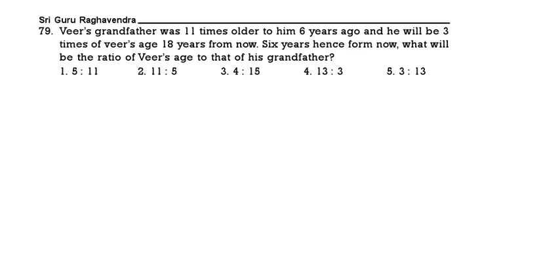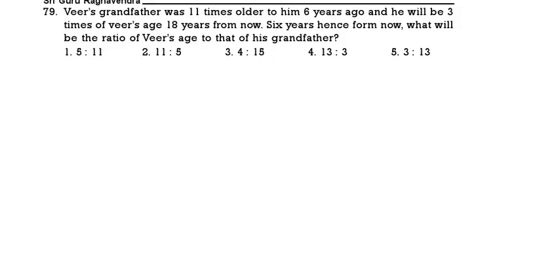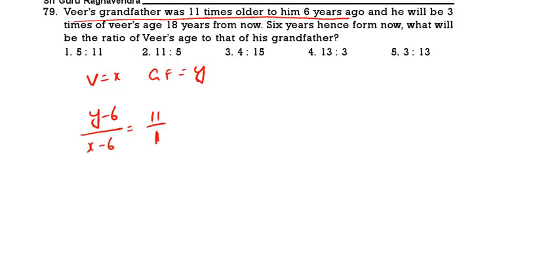Veer's grandfather was 11 times older than him 6 years ago, and he will be 3 times Veer's age 18 years from now. 6 years hence from now, what will be the ratio of Veer's age to that of the grandfather's age? Now take Veer's age as x and grandfather's age as y. Six years ago, that means y minus 6 by x minus 6 is equal to 11 by 1.